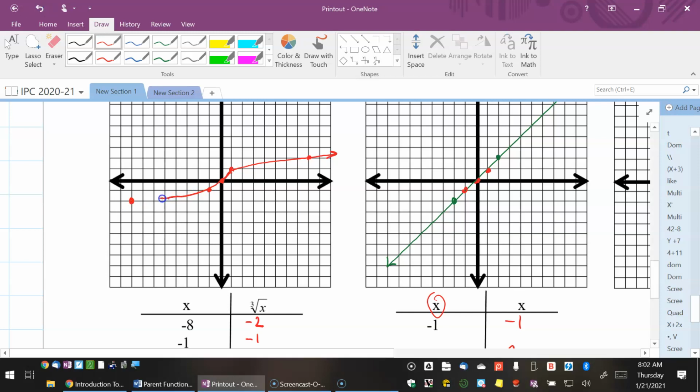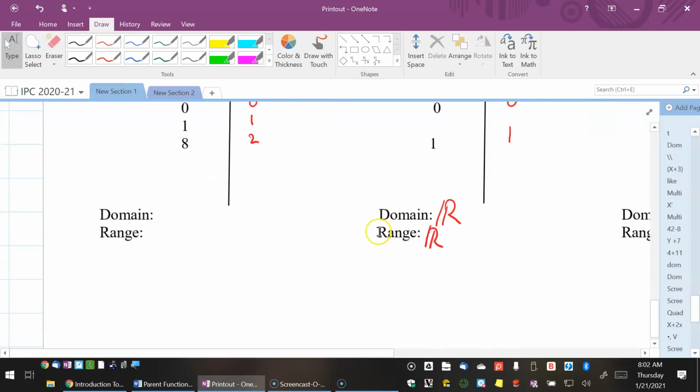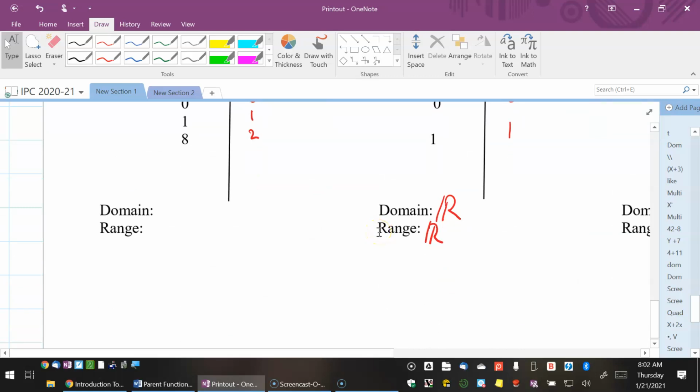Fix that. There we go. The graph for cube root. Domain and range is once again all reals. This thing extends up and down, left and right forever.